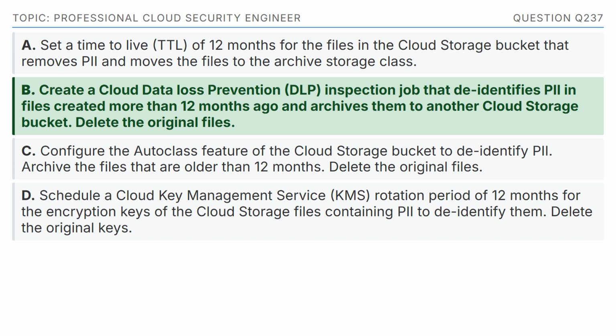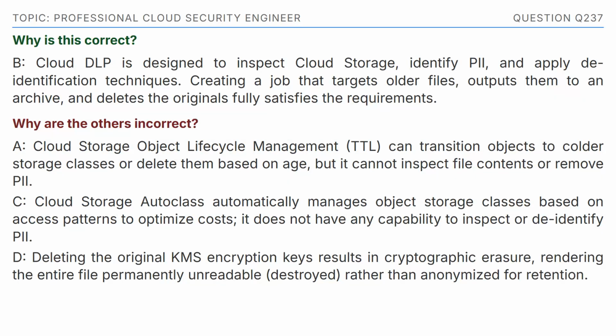Delete the original files. Why is this correct? B. Cloud DLP is designed to inspect cloud storage, identify PII, and apply de-identification techniques. Creating a job that targets older files, outputs them to an archive, and deletes the originals fully satisfies the requirements.